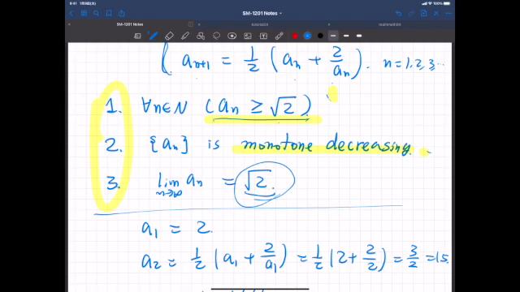And in fact, this result can be generalized to any sequence.